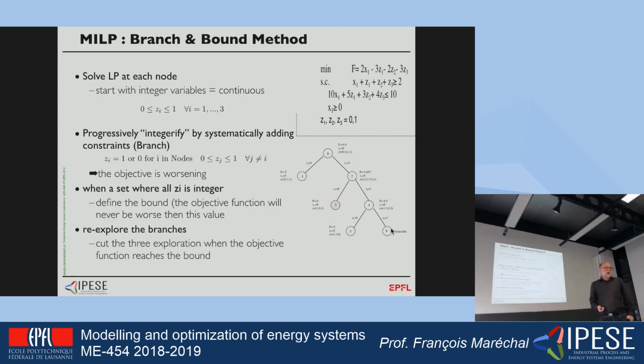Okay? And afterwards, what I'm going to do is go back to my branch here, and I'm going to say, okay, well, here I have set to 1, but I should have set to 0. So I'm going to explore this branch. Okay? So it means that I'm restarting the problem. So now I have obtained this solution, for example.